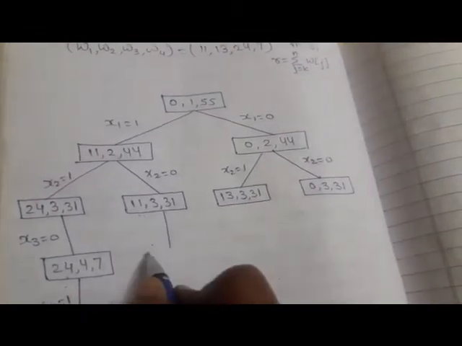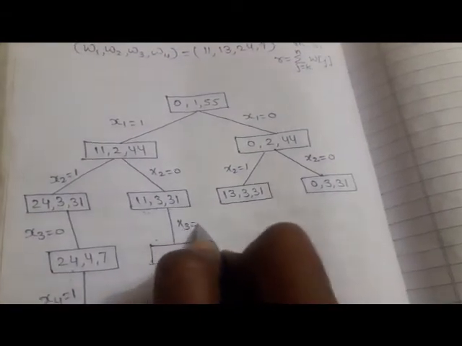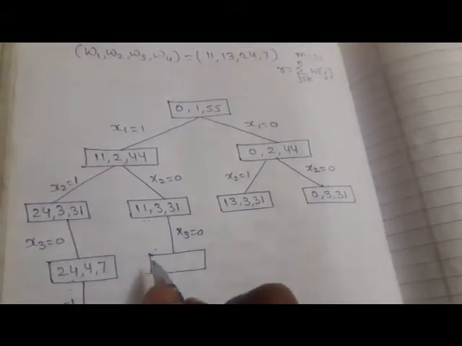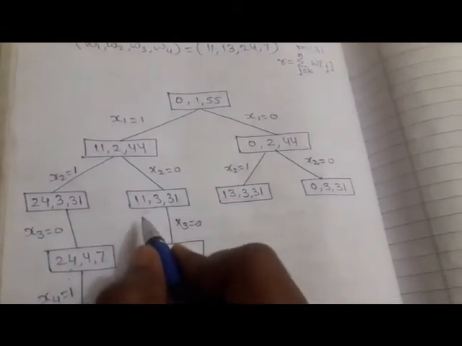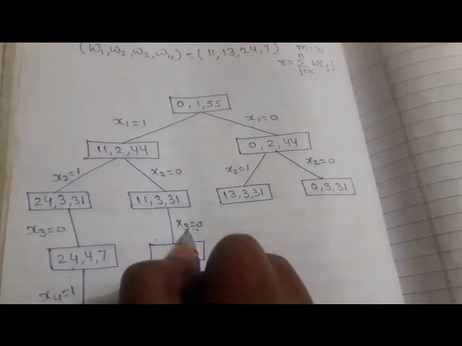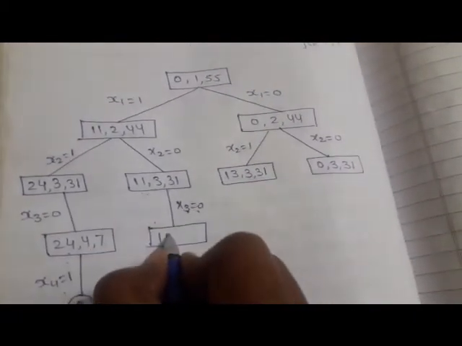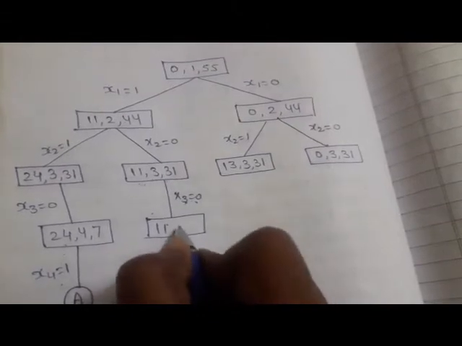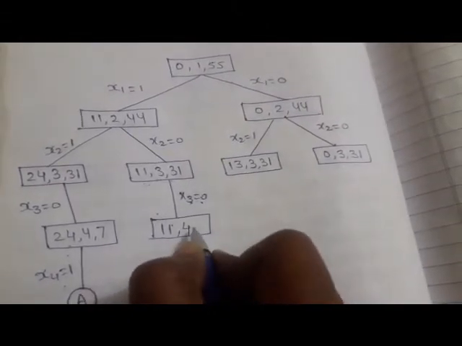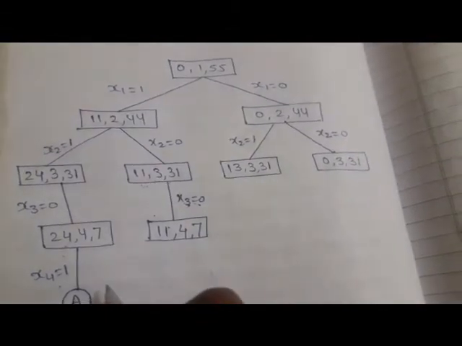Now x3 is equal to 0, it means we are not adding the third instance into this. So our sum remains as it is, that is 11, but the value of k will be incremented and the value of r will remain 7.